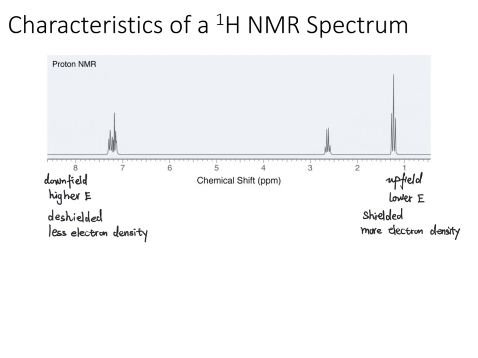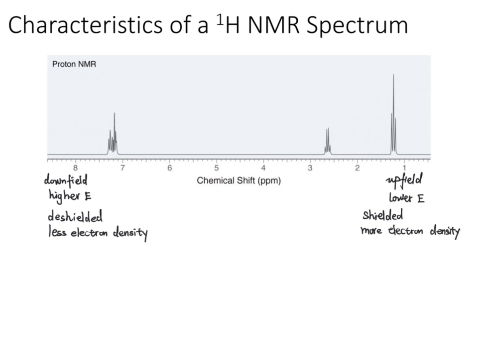A proton with more electron density around it will be shielded. It will have an upfield shift, which means the signal will be more on the right side of the NMR spectrum. So that is some terminology you need to be familiar with.